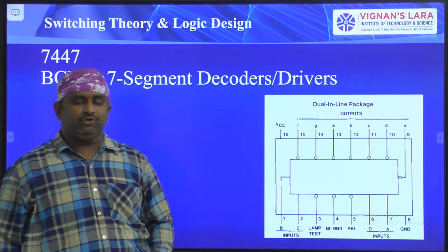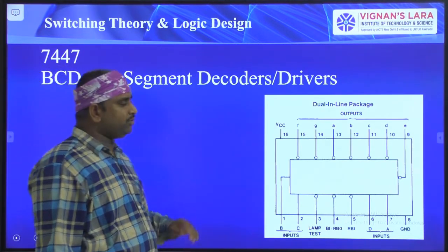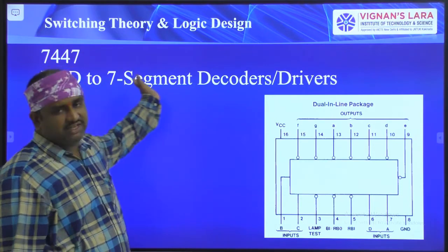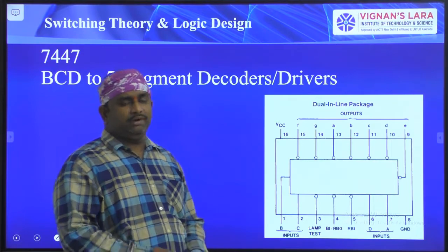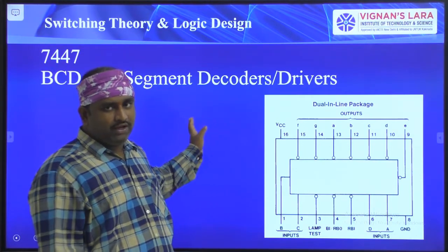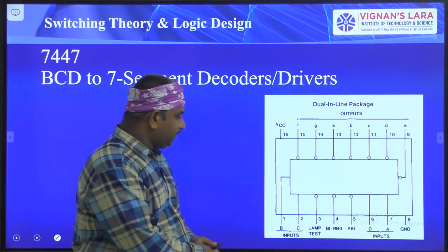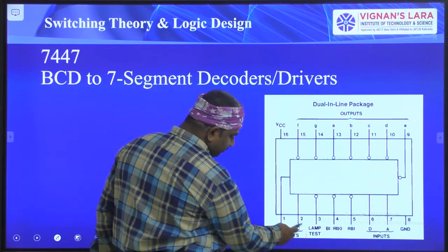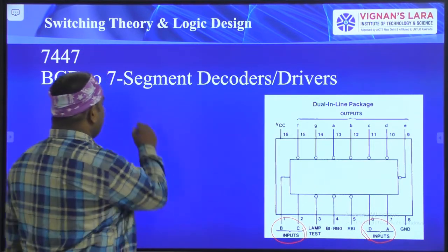Next, coming to IC number 7447. This is the BCD to 7-segment decoder or driver. It has 4 inputs like BCD. See here, these are the BC inputs and these are the AD inputs.